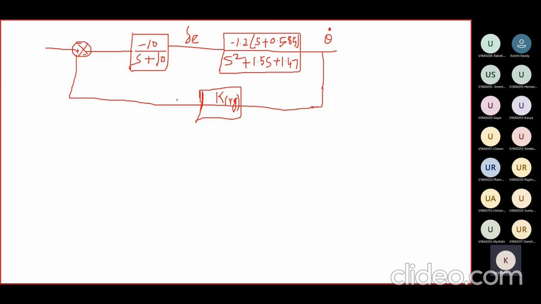If we cut this one, it comes to the open loop transfer function.